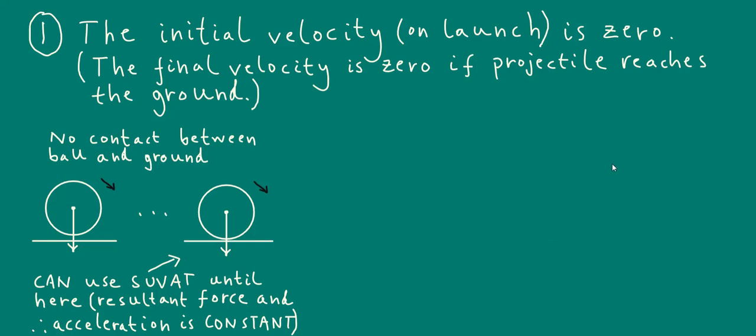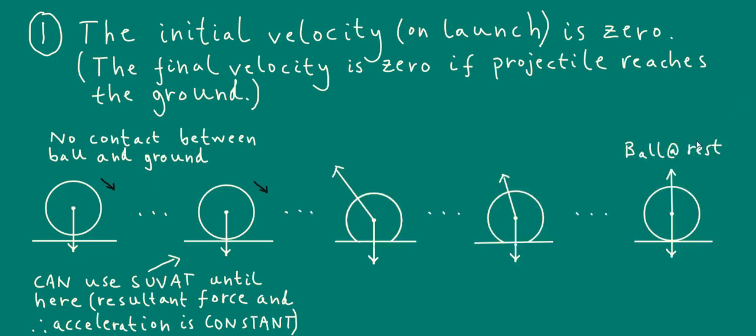To understand why we can't do this, we need to look at the forces acting on the ball once it makes contact with the ground. Once it makes contact, you can see the presence of a new force or combination of forces acting on the ball. And as the ball comes to a rest, you can hopefully see here that the resultant force on the ball would be changing.